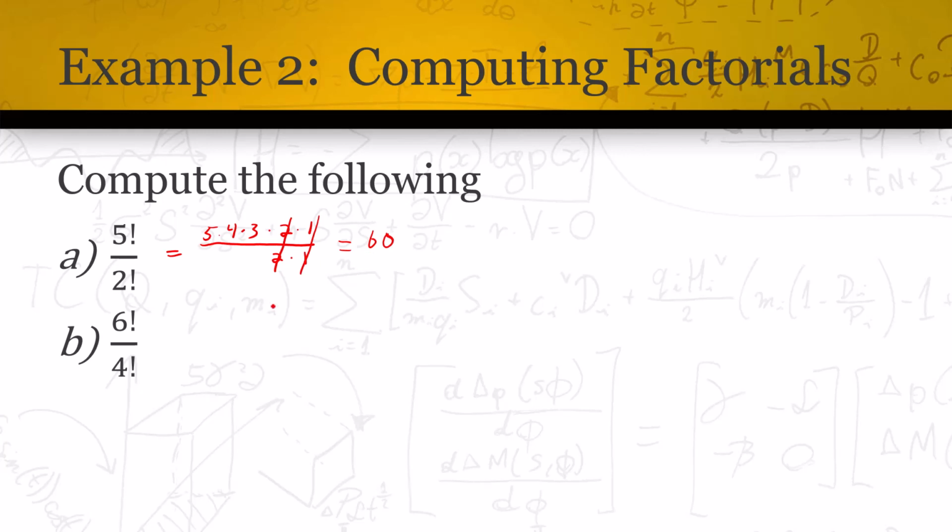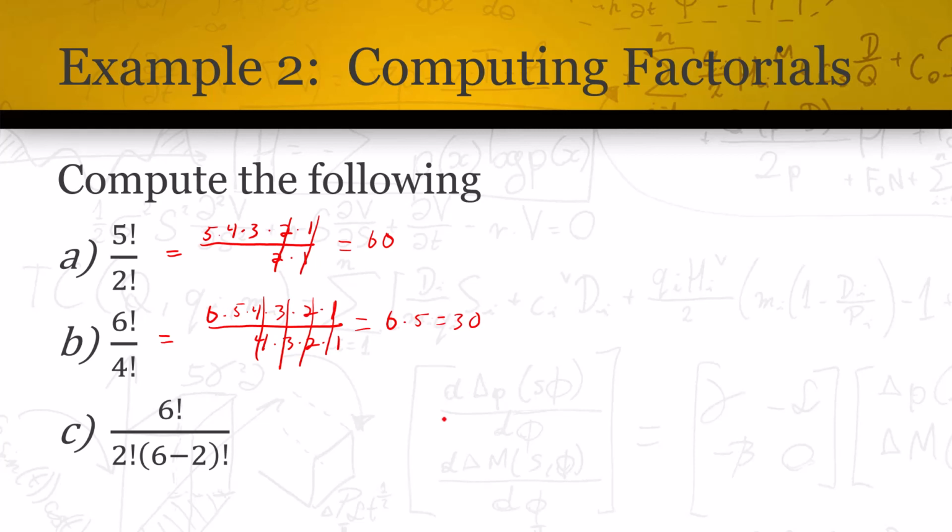Next, we have 6 factorial divided by 4 factorial. 6 times 5 times 4 times 3 times 2 times 1 divided by 4 times 3 times 2 times 1. All these cancel. This is nothing more than 6 times 5, which is 30.